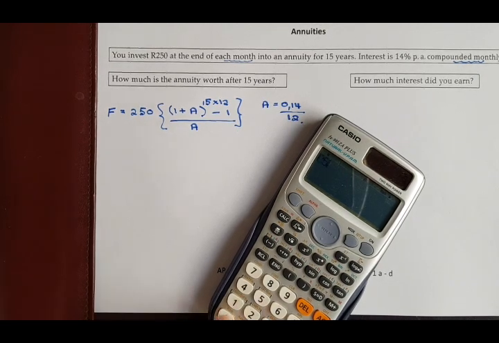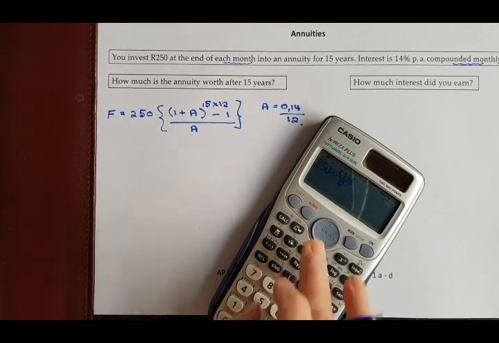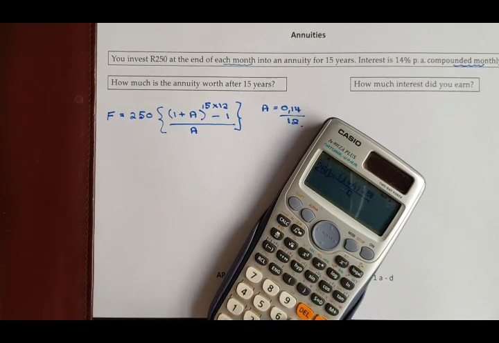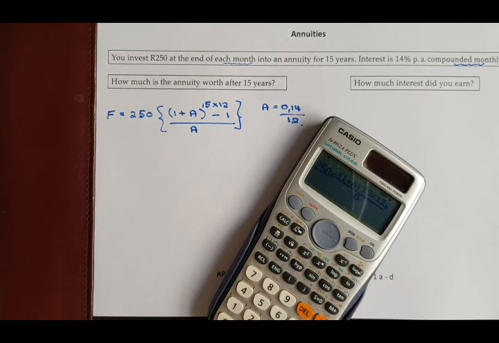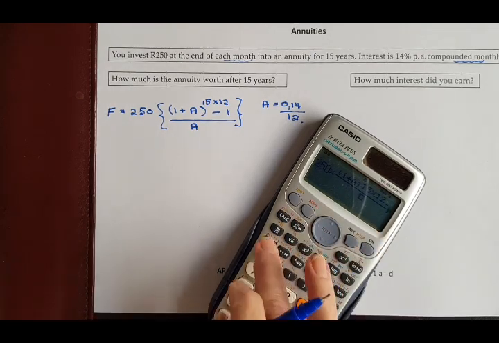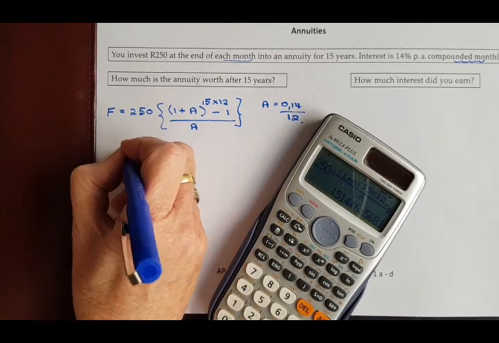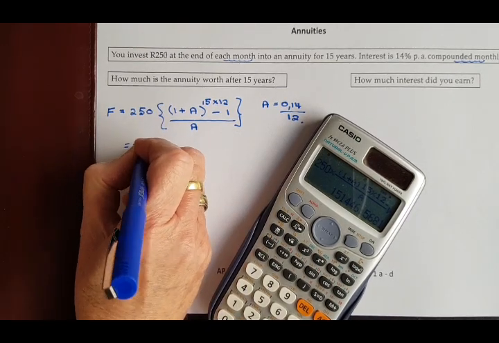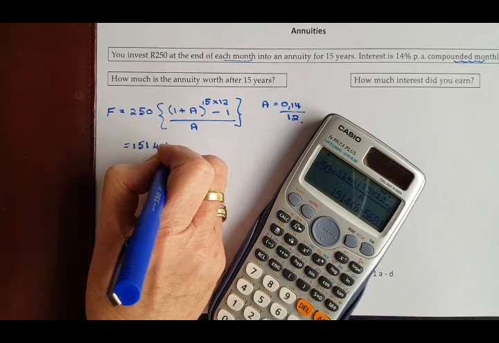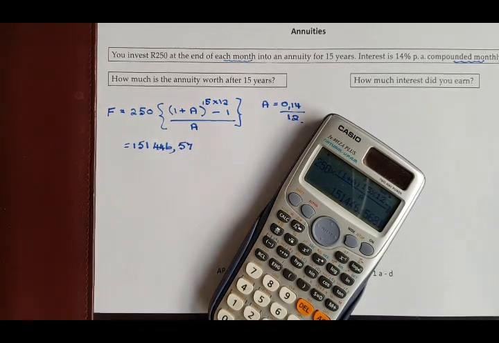We are going to say it is 250 multiplied by, open bracket 1 plus alpha A, close bracket, raised to the power of 15 times 12, move your cursor, subtract 1, all divided by alpha A equals, and you have 151,446 Rand and 57 cents.